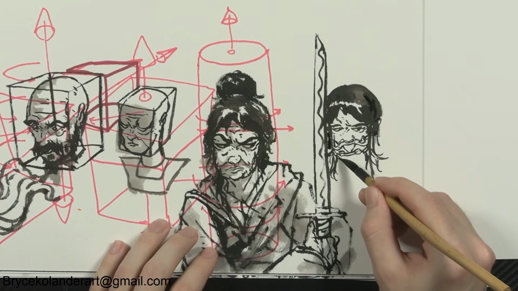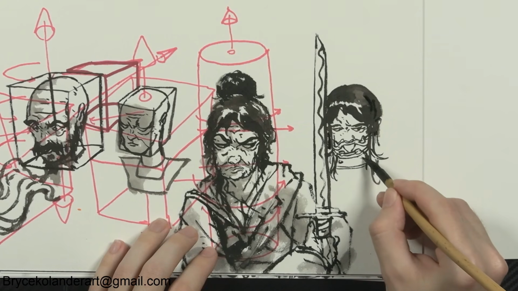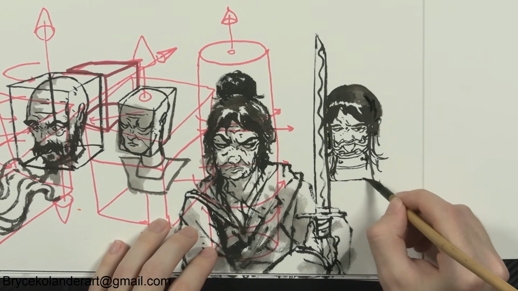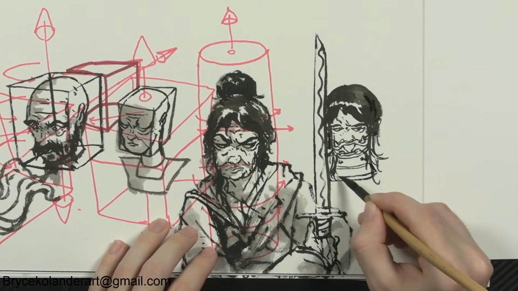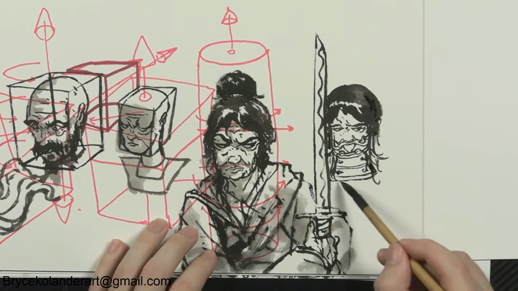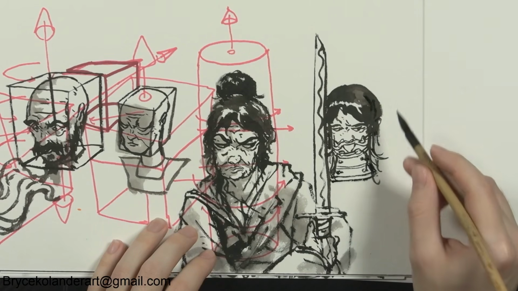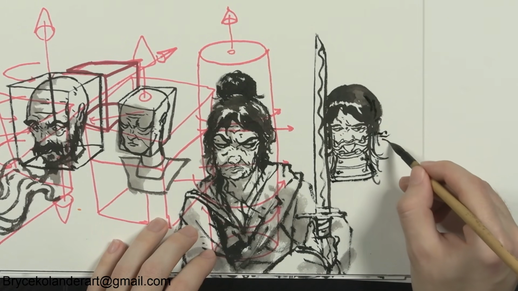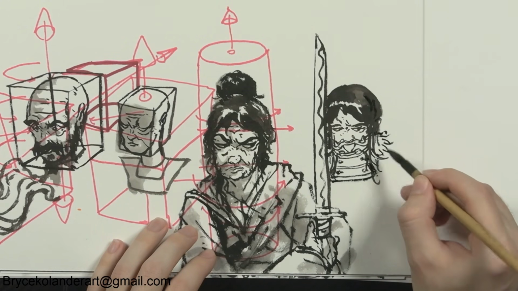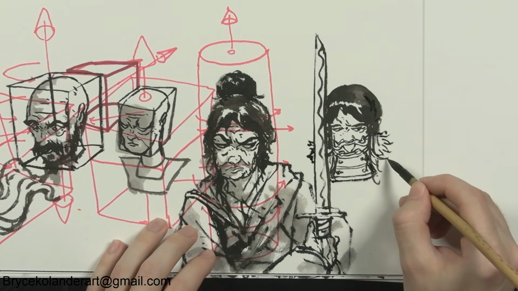All right, so we have this character. And as I start adding armor and a lot of different features here, it becomes hard to even think about a box at this point.